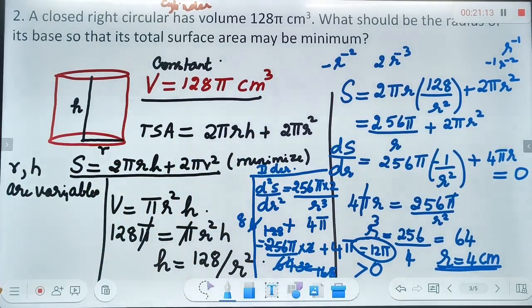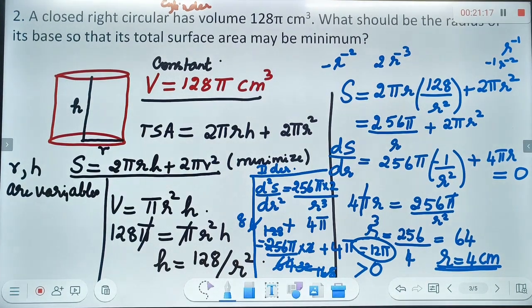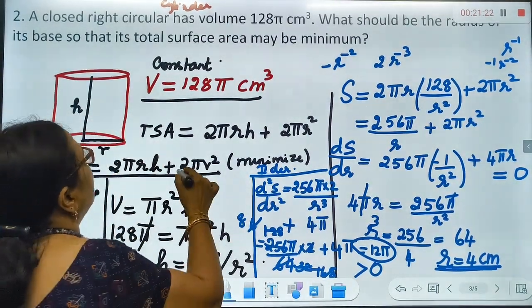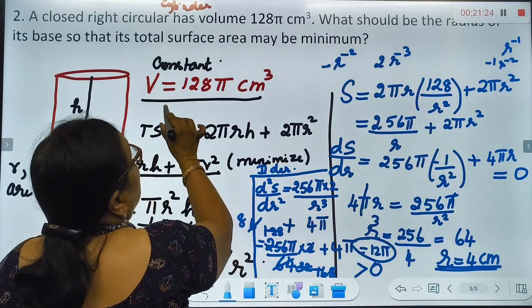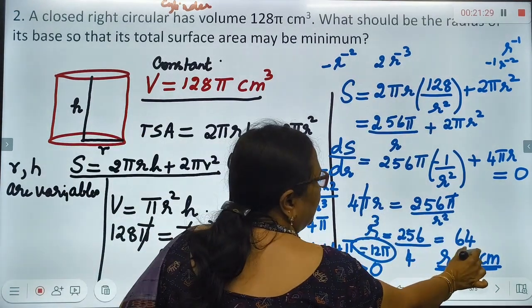So the second derivative is 12 pi, which is greater than 0. Therefore, if the second derivative is positive, then it is minimum. Therefore, the total surface area is minimum when r equal to 4 centimeter.